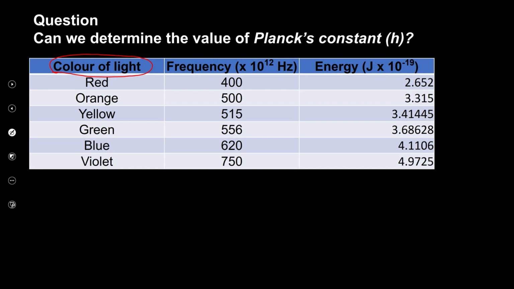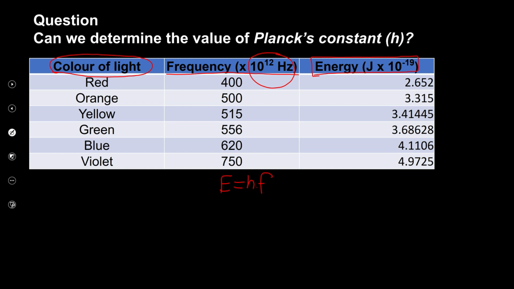I've included each of their individual frequencies, which have a unit of times 10 to the power of 12 hertz. Remember that this electromagnetic radiation has a very, very high frequency. And then I've used the equation E equals h times f to determine the energy in joules times 10 to the minus 19 for each of these different frequencies of electromagnetic radiation.